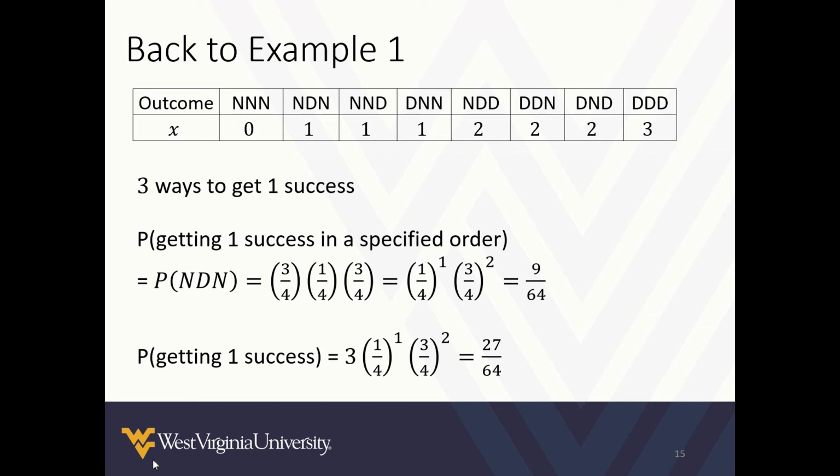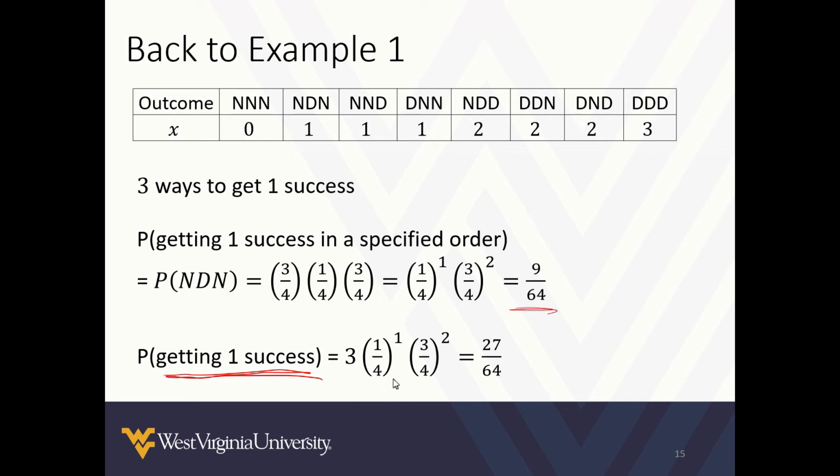So suppose we want to find the probability of getting one success in a specific order, meaning the probability of N, D, N, N. That one particular case was 9 over 64. But if we just wanted to know the probability of getting one success regardless of the order, that is when it is a binomial distribution.